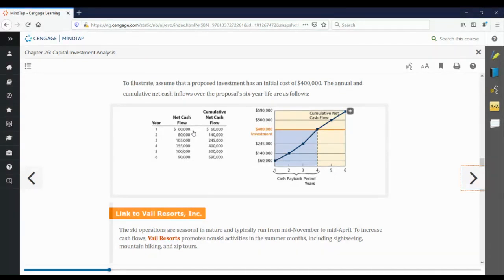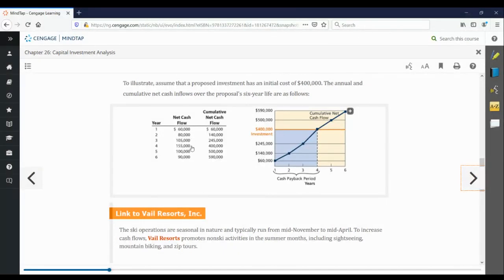In other words, they think that when they use this particular asset for the first year, they're going to receive net cash flows from the use of this asset of $60,000. In year 2, they're anticipating that that cash flow is going to increase to $80,000. In year 3, they think it's going to increase to $105,000.